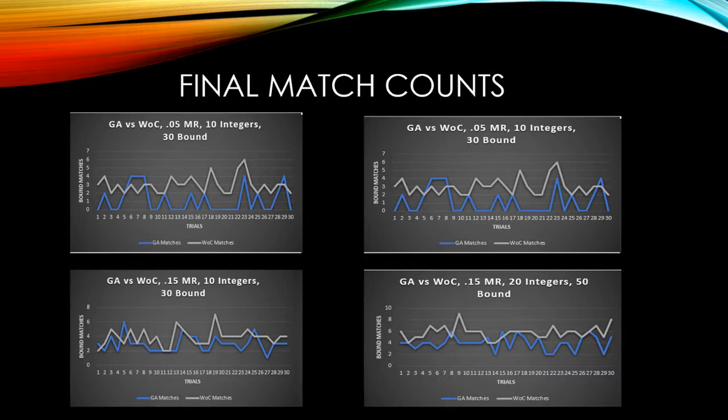You can see the gray lines for each picture in the slide represent the wisdom of crowds matches, and every time the wisdom of crowds matches on average are higher than just the genetic algorithm matches. But still, the wisdom of crowds only brings the number of matches to about a quarter of the size of the sets, instead of just a fifth of the size.